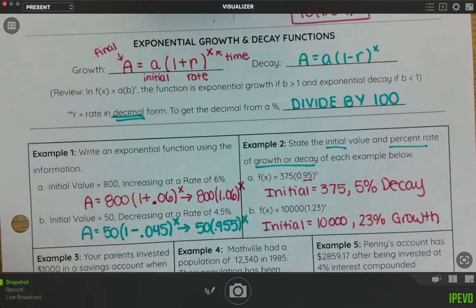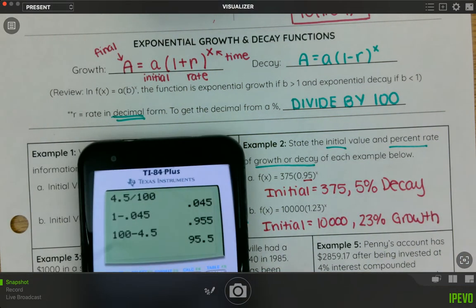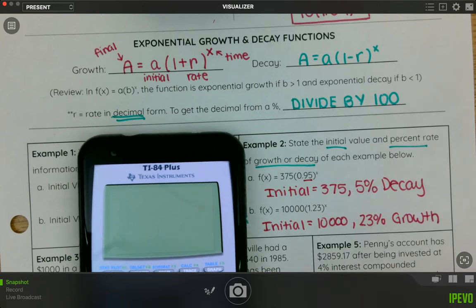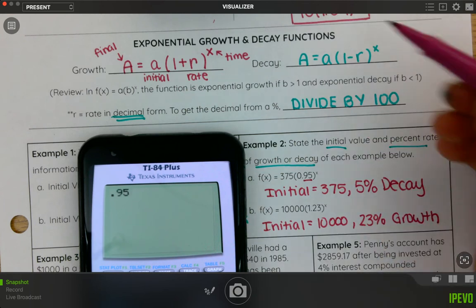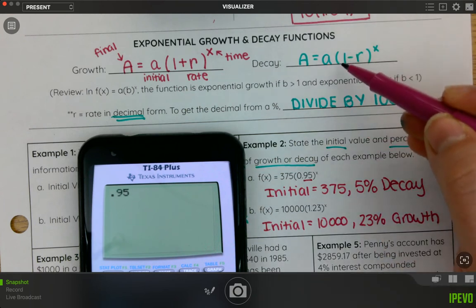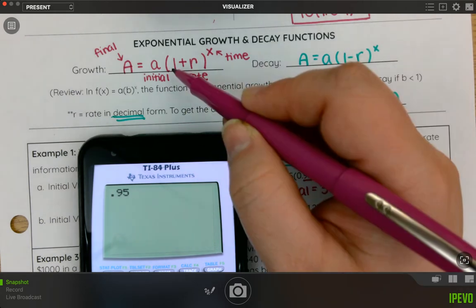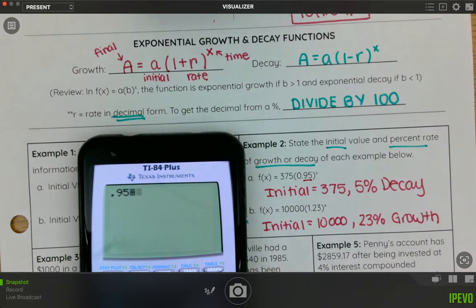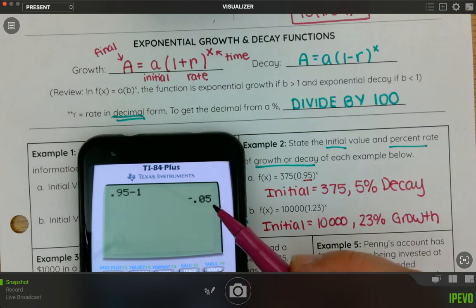Second way of doing that, if you're not sure what it is using mental math, take the number in the parentheses and subtract the 1. So there's this 1 in front of both of them, here and here. So just subtract that 1 back, and you get negative 5%. Okay?